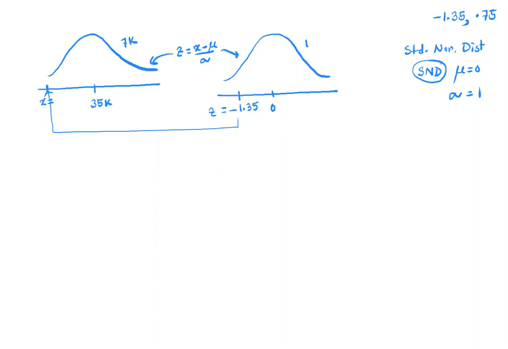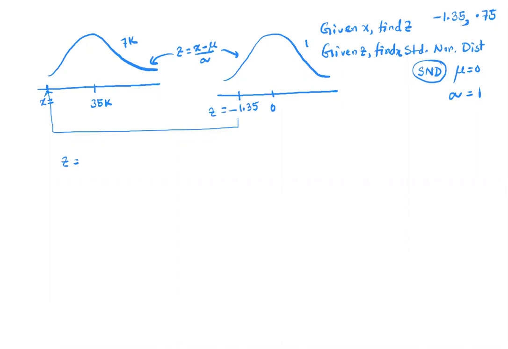Now, in this case, you're given Z. Last time you were given X. So remember, last time you were given X, find Z. This time, given Z, find X. Just the order is reversed.